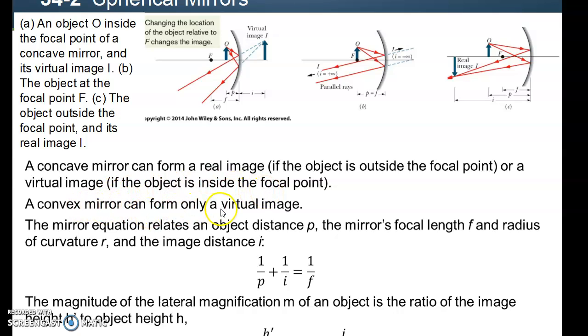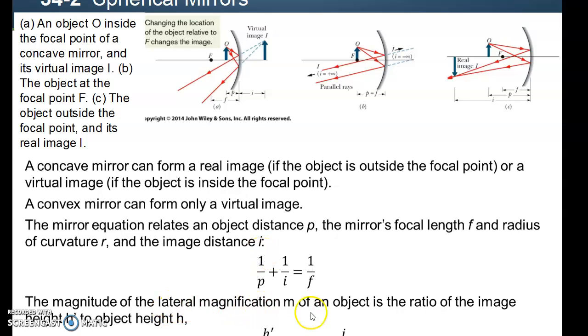A convex mirror can only form a virtual image. Everything with a convex mirror is a virtual image. The mirror equation, that's right here, relates an object's distance p, the mirror's focal length f, and the radius of curvature r. And here's the image distance, right? So this right here relates the object's distance, the focal length, and the image distance.